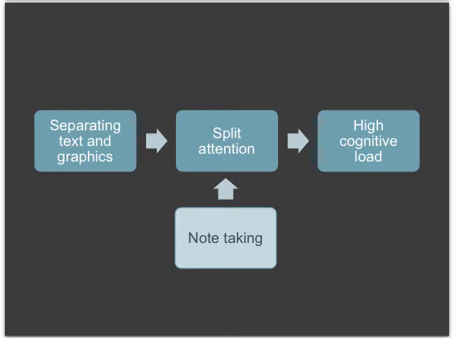They have to look at the images, they have to look at the text. For example, when you're reading a textbook and it says see figure 4.A and you flick through the pages and find 4.A, then you look back to the text, read a bit more, then it says look at figure 4.B and you go to a different page to find 4.B. That splitting of attention impairs learning by producing a high cognitive load.